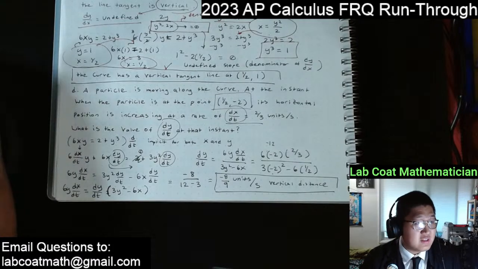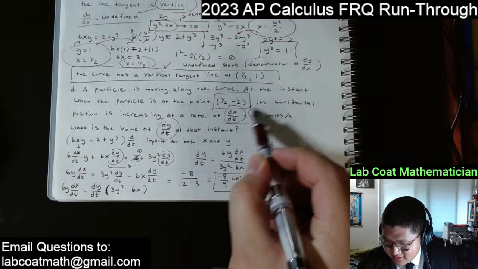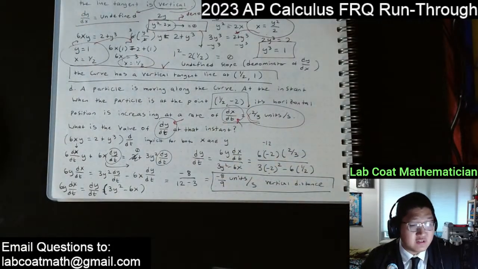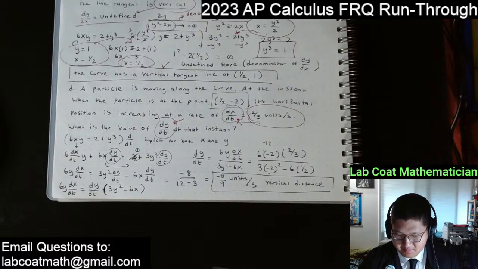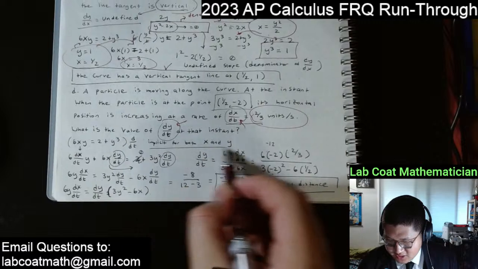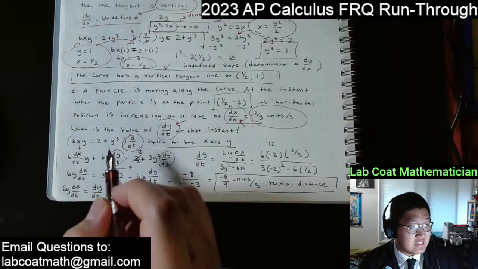Okay, so with the particle moving along the curve, again, we're going to add the time component of dx over dt. And in this case, they're asking for dy over dt in the same scenario. Because of that, we need to use implicit differentiation on both x and y because we're differentiating in terms of t, right?